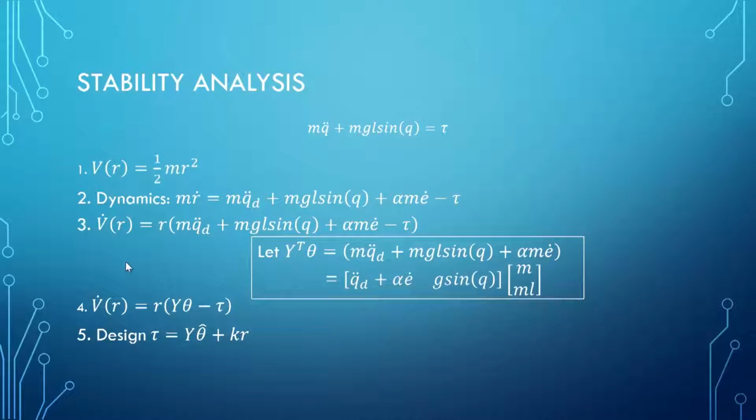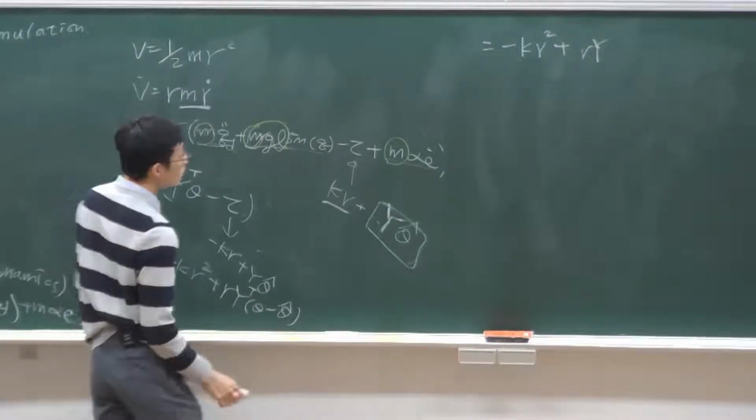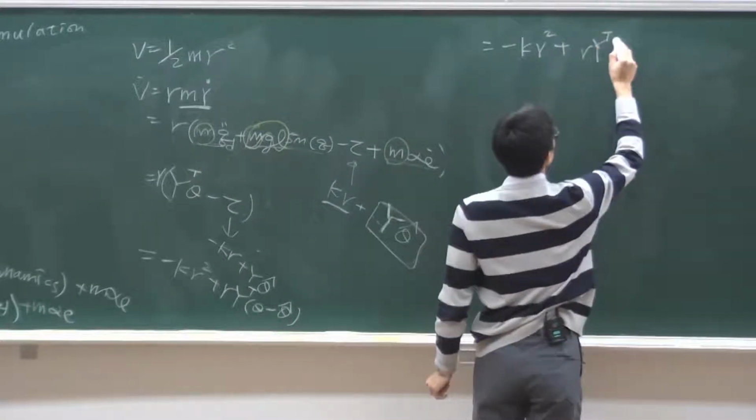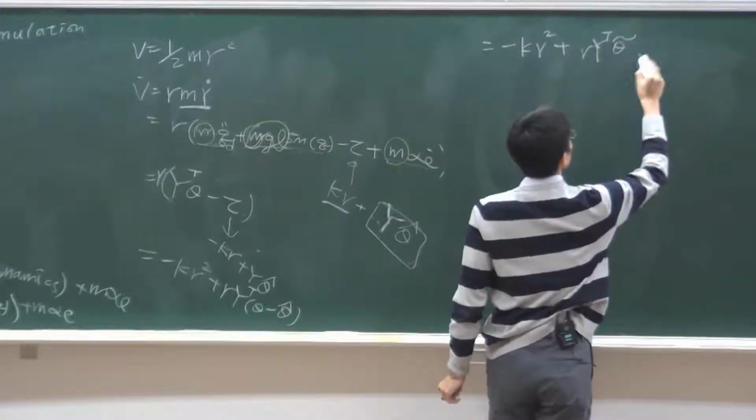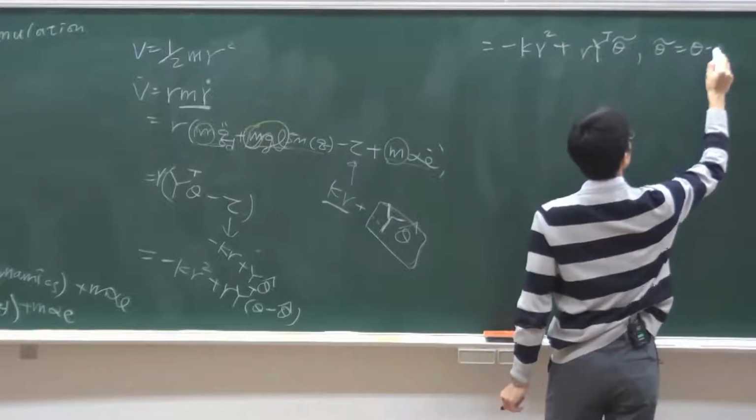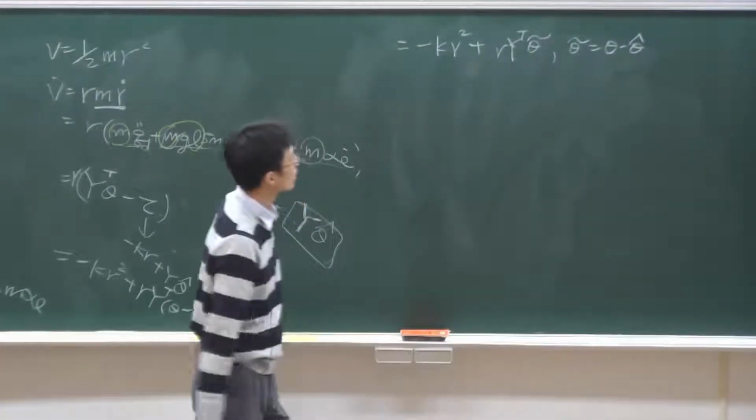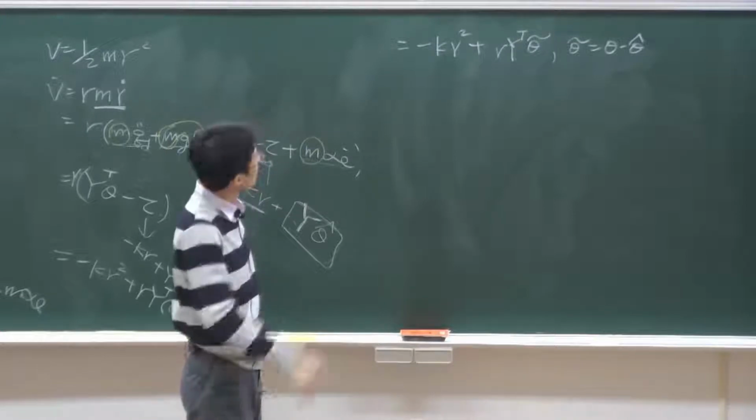So the product of these three is Y transpose theta. Here's a typo: it should be Y transpose theta hat, okay? So Y transpose theta tilde, defined as theta minus theta hat, the estimate error.